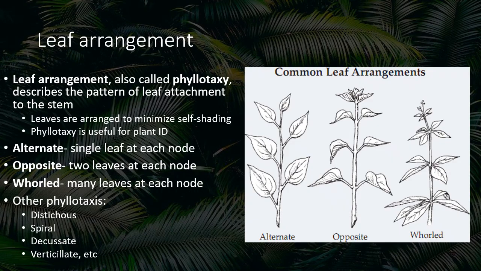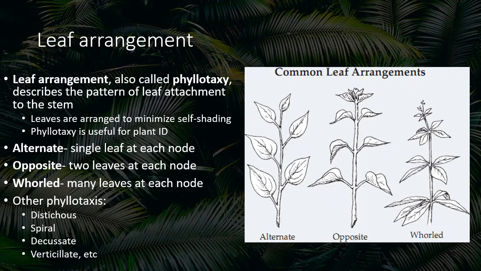Leaf arrangement is also called phyllotaxy, and that's just the pattern of leaf attachment to the stem of a plant. The leaves of a plant are always arranged on the stem such that the plant can minimize self-shading, so that each leaf is as exposed to the sunlight as possible. Looking at phyllotaxy is super useful for plant ID because any individual species tends to only exhibit one phyllotaxy pattern.